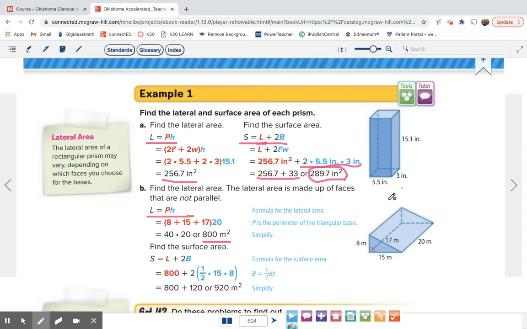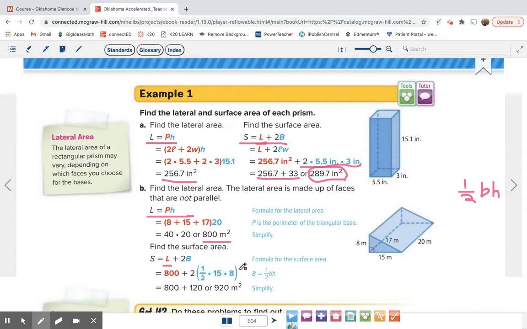So then to find the total surface area of this figure, I take that previous answer I just found, 800, plus 2 times big B, the area of the base. The area of this base is a triangle. Area of a triangle is 1/2 times the base of the triangle times the height of the triangle, not the whole figure, just of the triangle.